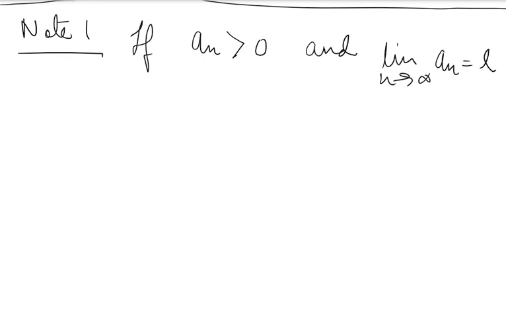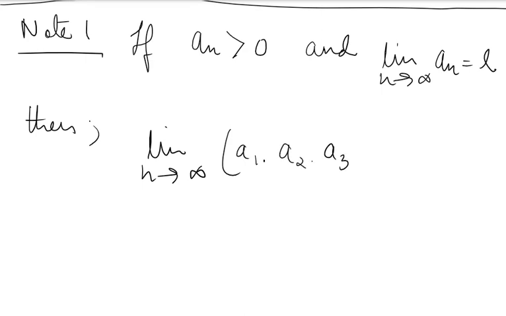Note 1 says that if an is greater than 0 and the limit as n tends to infinity of an is equal to L, then the limit as n tends to infinity of (a1 · a2 · a3 ... up to an) whole to the power 1 by n is equal to L as well. Alright, this is the first note.